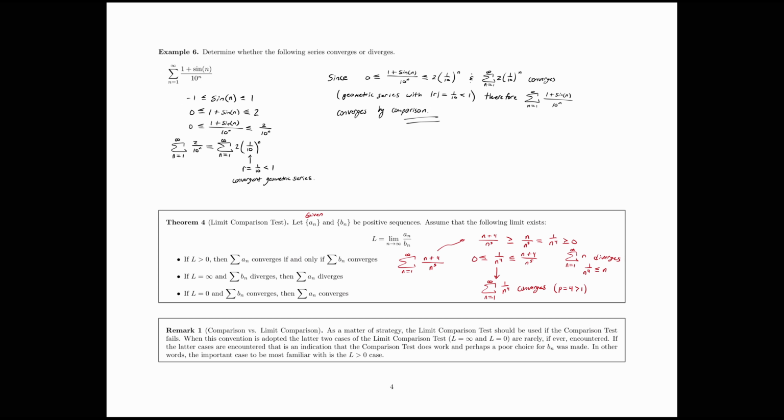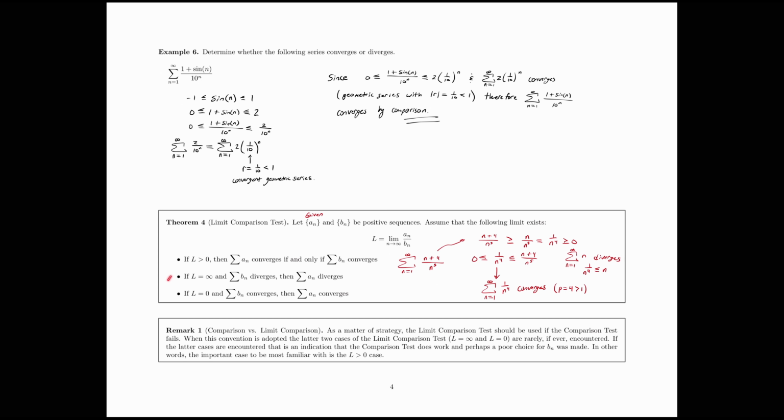If the answer to this limit is positive, then the two series behave the same way. If one converges, then the other converges, if and only if.